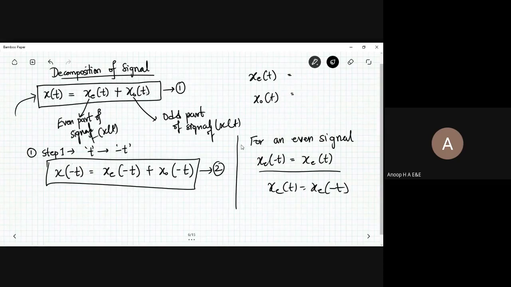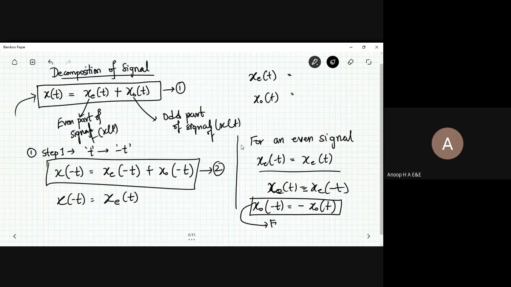Next, for an odd signal, x odd of minus t will be equal to minus x odd of t.